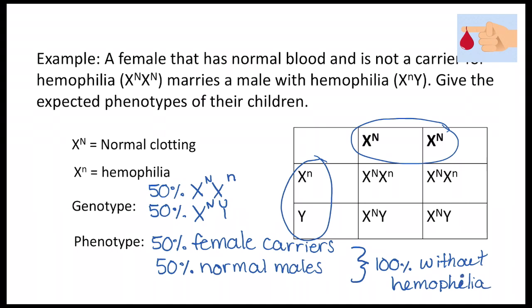So none of the offspring will have hemophilia because they all have at least one normal allele for this condition.